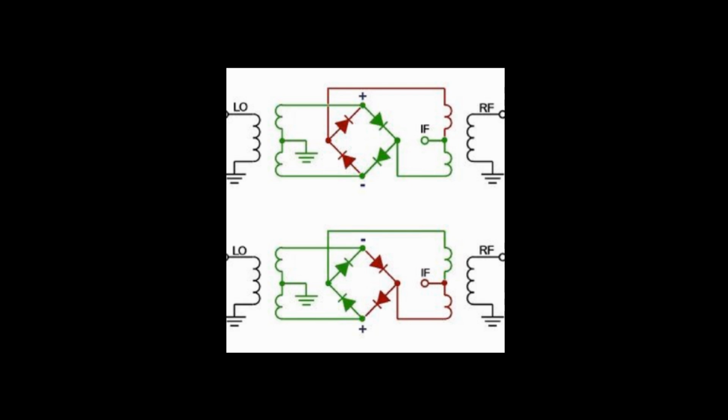Basically, the phase splitter in our double balanced mixer takes the 1, 0 input, that's a square wave, and turns it into a 1 and a -1. 1 turns on one pair of diodes, -1 turns on the other pair of diodes.